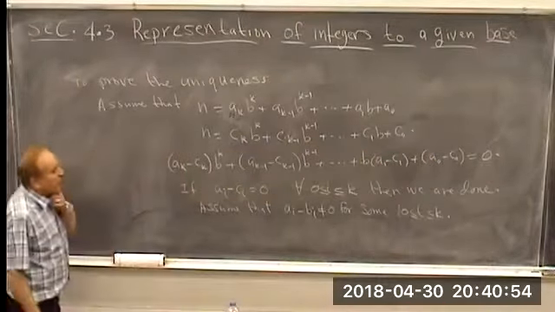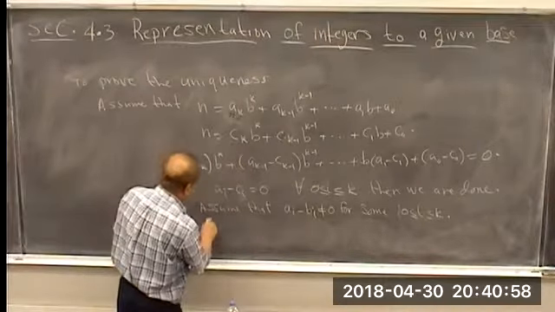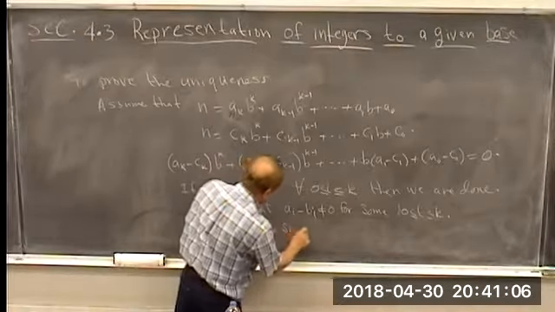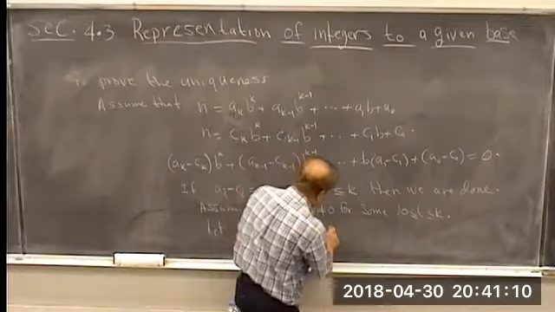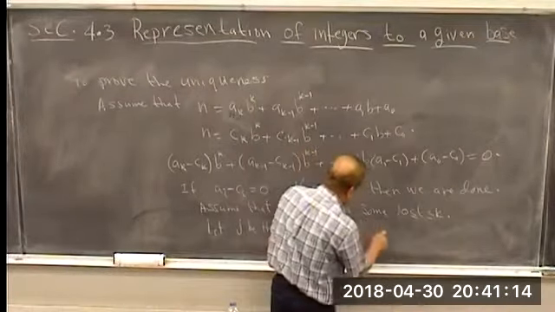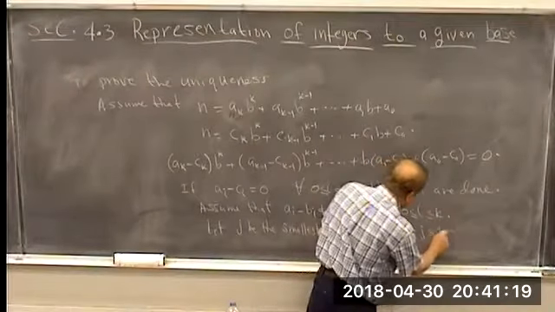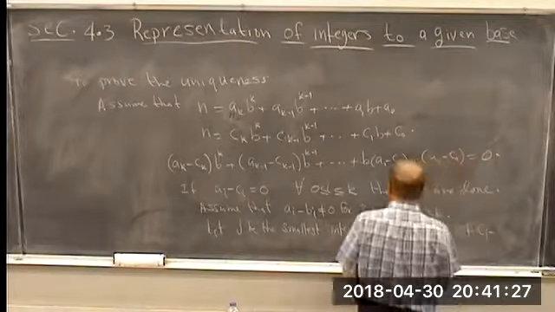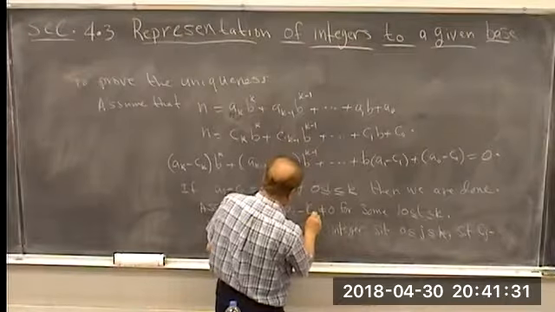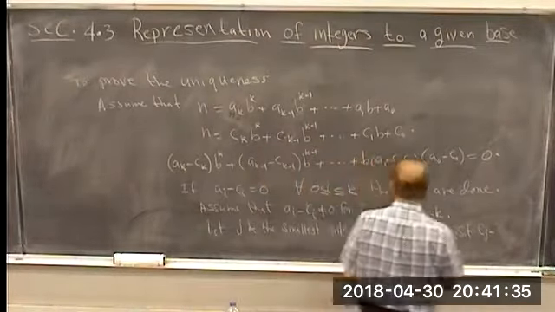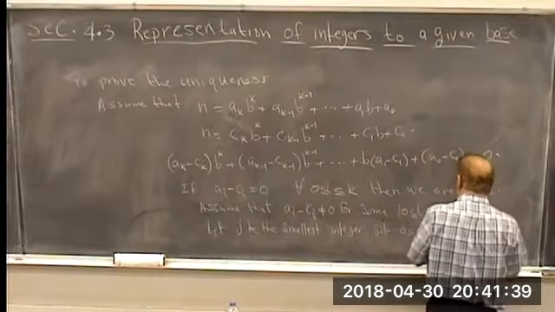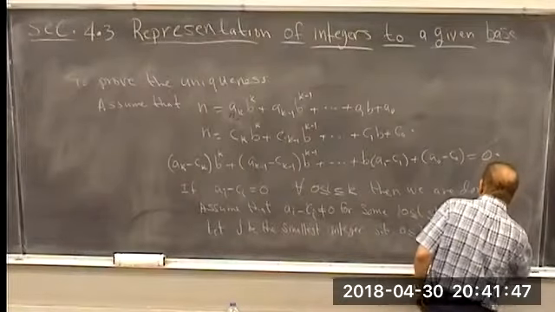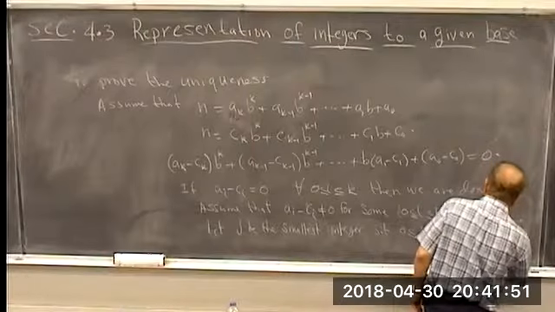We're going to take the smallest. Since we are assuming this does not equal 0, let j be the smallest integer between 0 and k such that a sub j minus c sub j does not equal 0.